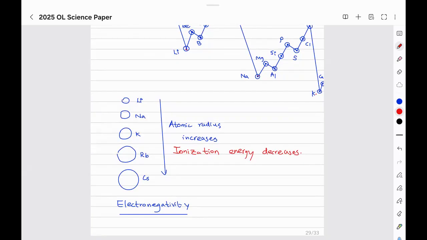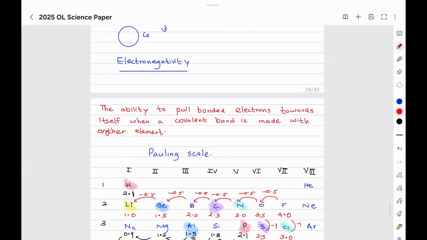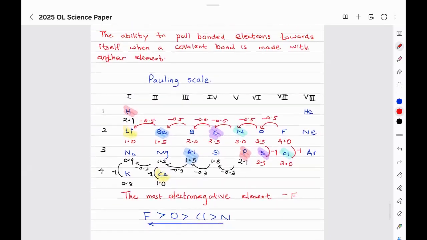Atomic radius is increasing down the group. That's what I have mentioned here. Right. Shall we move to the question then?